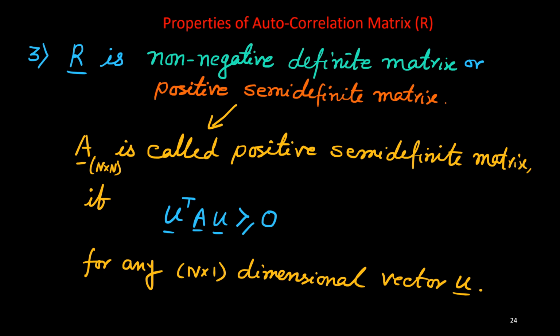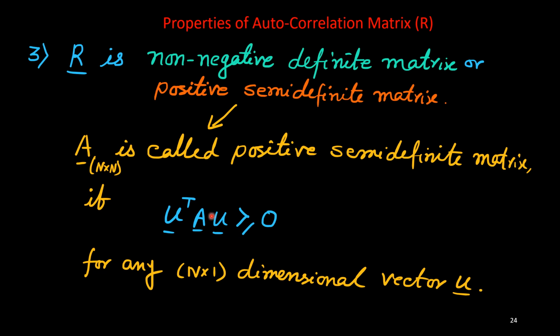The definition is that if A is a square matrix of dimension n by n, then A will be called positive semi-definite if, for any vector u of dimension n cross 1, you multiply u transpose A u.